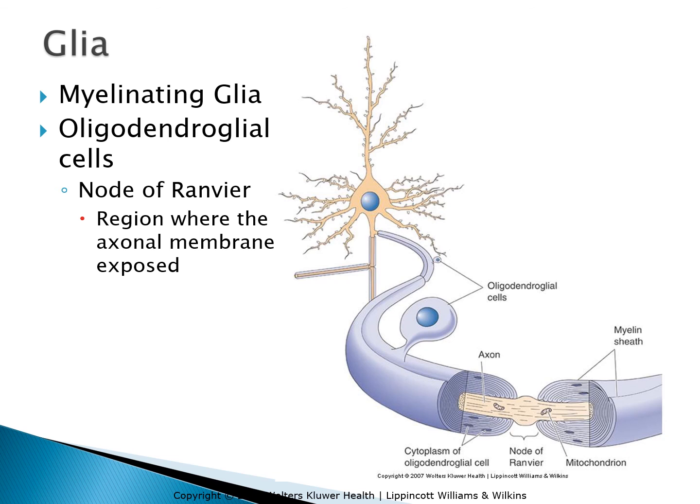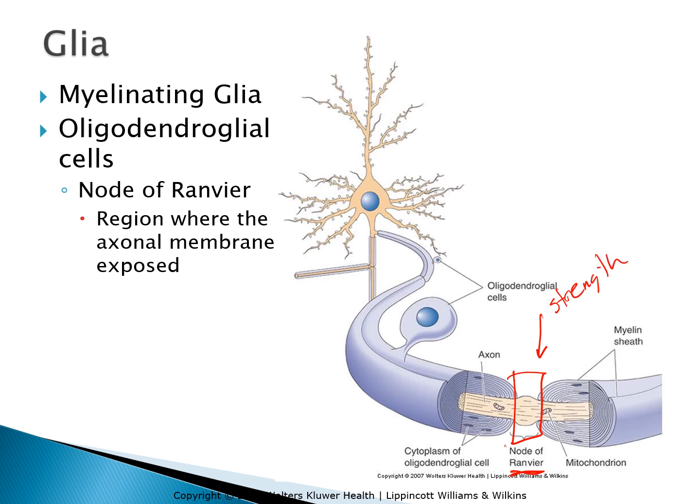Now those wraps, you've seen this in the cartoon, have gaps in them. There's a break here called the node of Ranvier. Basically, what that wrapping does is allow for the signal to transmit a lot faster. And this node of Ranvier is basically where the signal strength is increased.